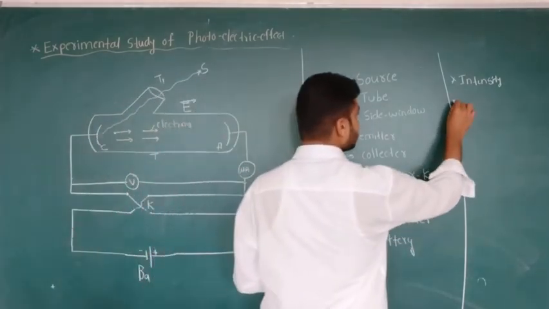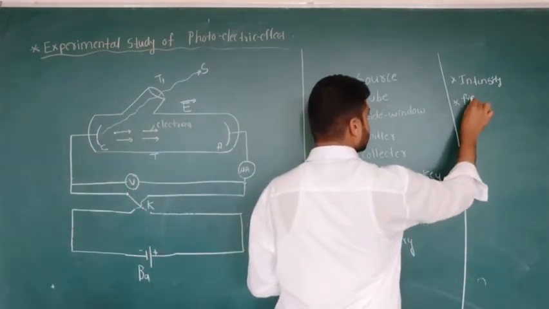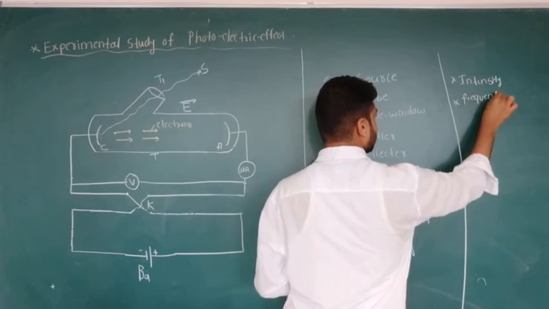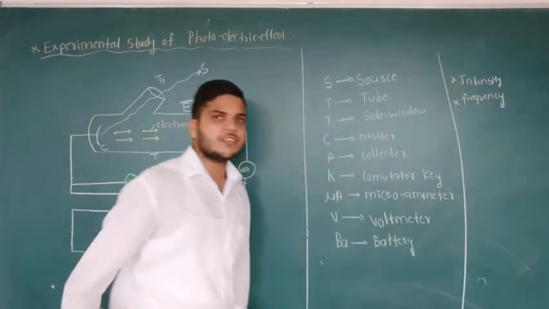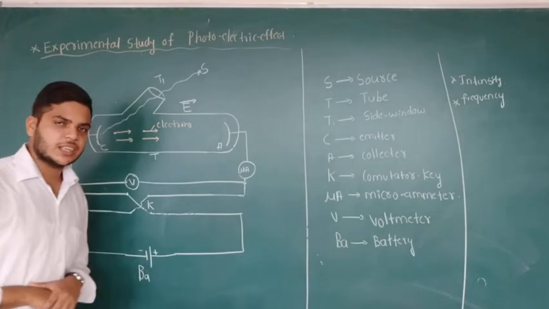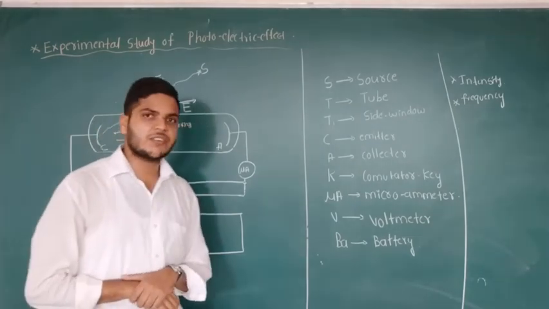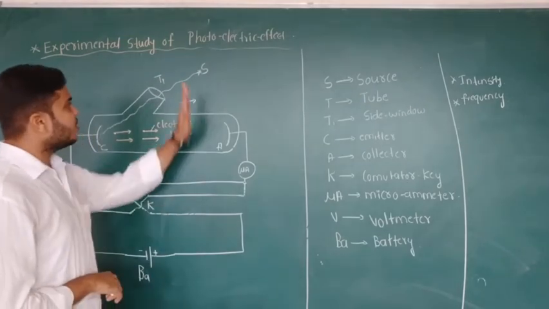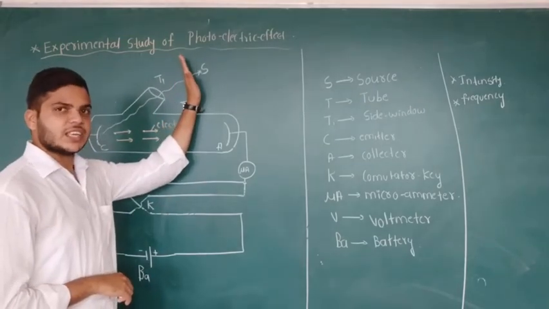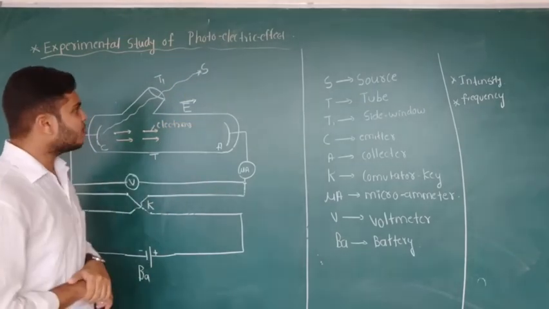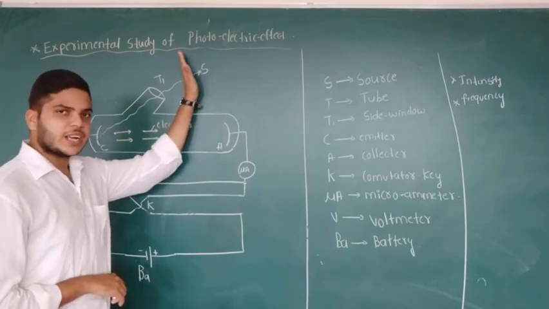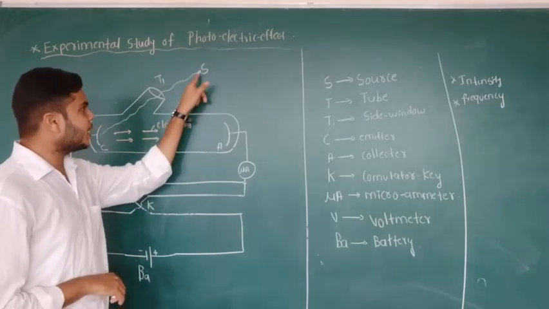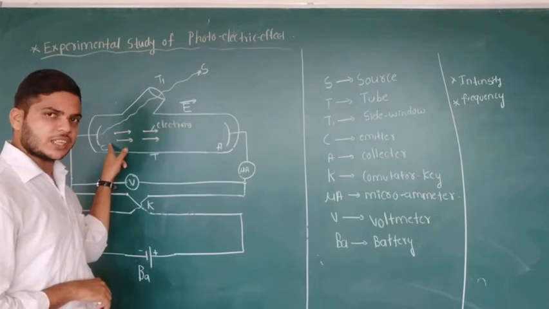In the second case, we are changing the frequency of radiation. How will you change the frequency of radiation? By using suitable filters. We put different filters in front of the source. For example, the first time I put a red color filter so that red wavelength is incident on the emitter plate.